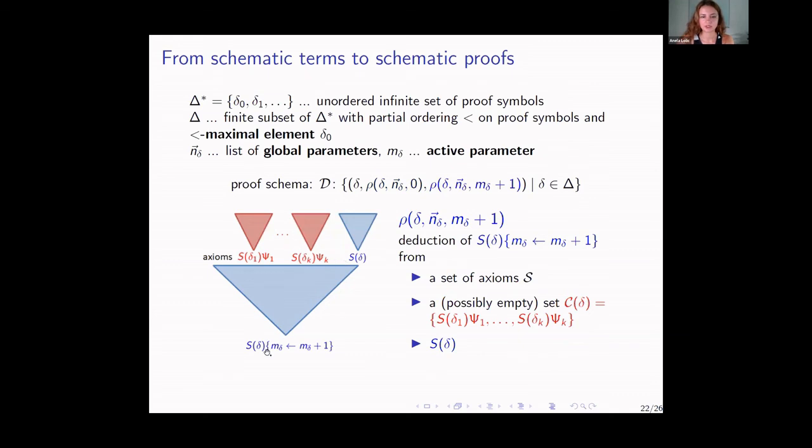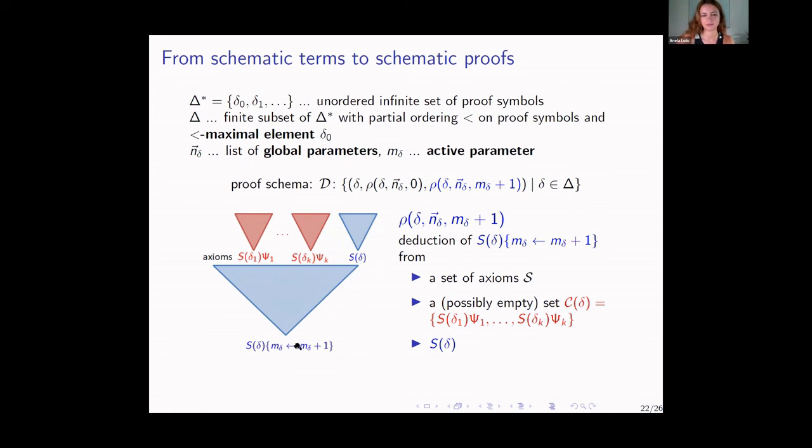It is now a derivation of S delta. So again, the same end sequence, except that the parameter M delta is replaced with M delta plus 1. We have axioms, again, an initial sequence, there are n sequences of other derivations, and here is the recursive call. So this is the same proof like this one, except that the parameter is not M plus 1, but just M delta.